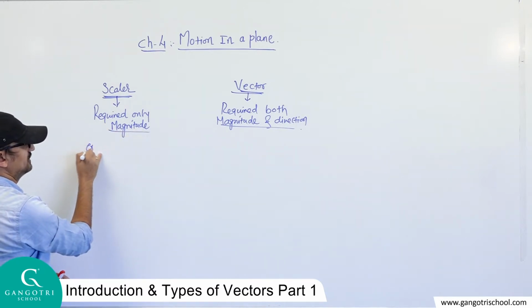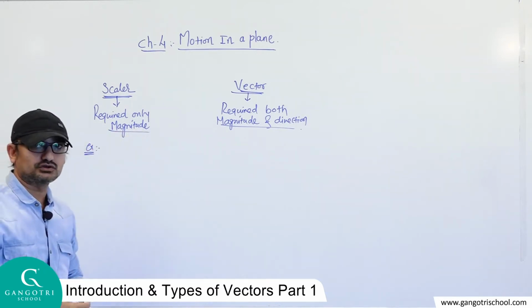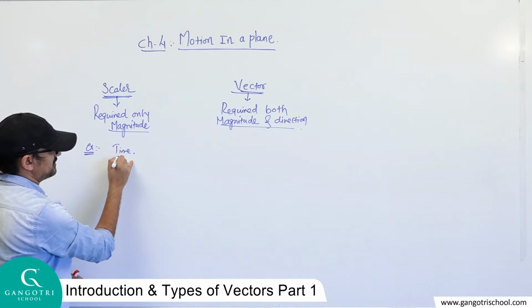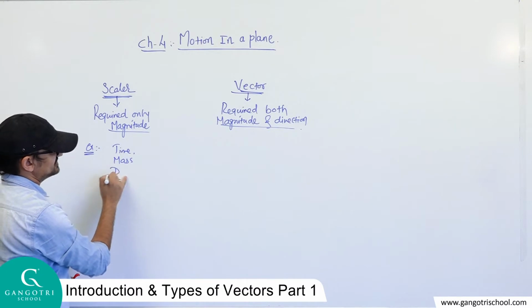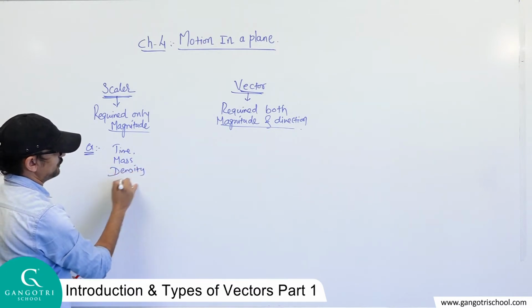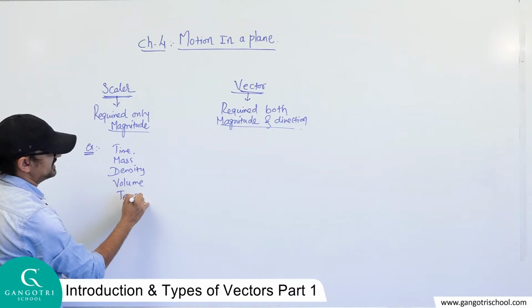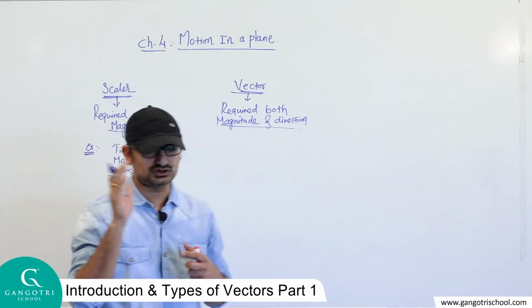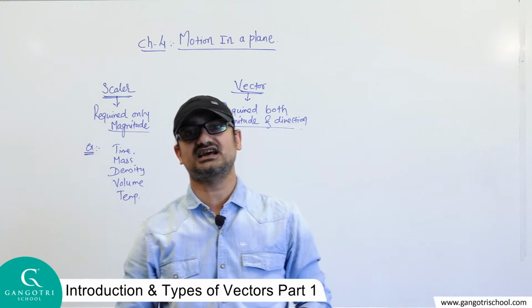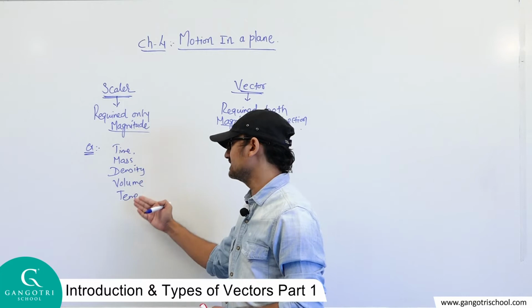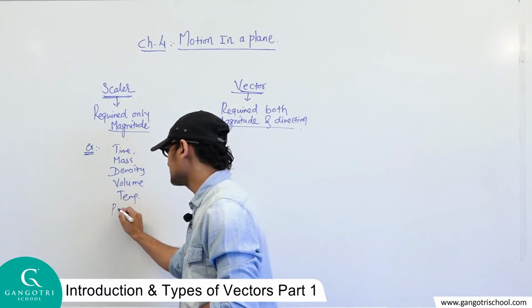Let's write a few examples of scalar quantities. There are lots of scalar physical quantities, but few of them are time, mass, density, volume, temperature, and one more, path length.